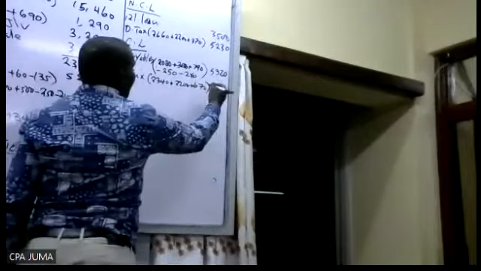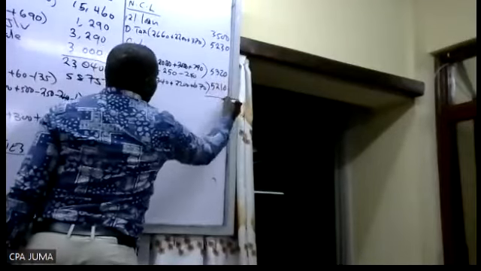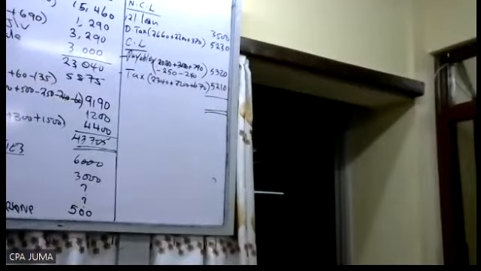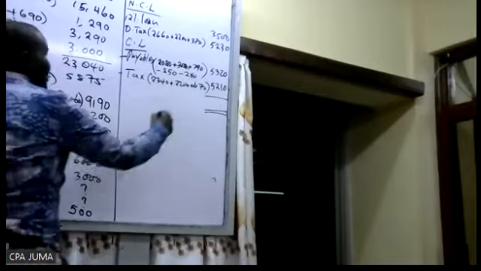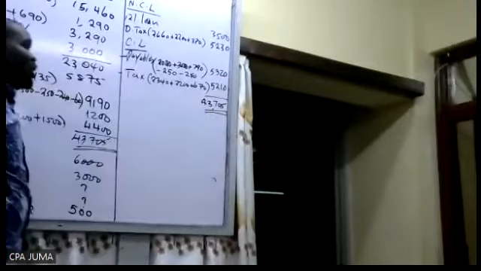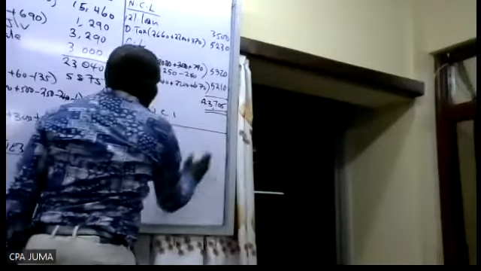So how much is this? 5210. And as usual, we normally say we balance. So 43,705. Let's start with NCI. Let's compute our NCI.